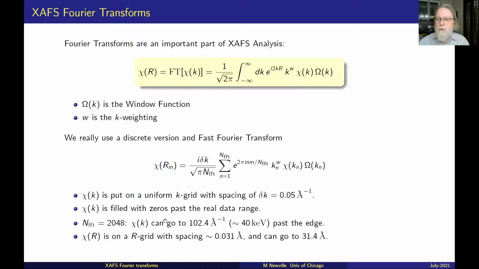That sort of smooths out the data a bit in the Fourier transform. The data then in R space is on a grid with a spacing of 0.03 angstroms, and can go out to 30 angstroms, which is ridiculously far. And in other videos, we might discuss why we want to look at the data past, say, 10 inverse angstroms, even though there's likely no data out there.